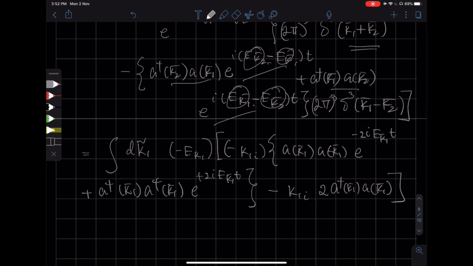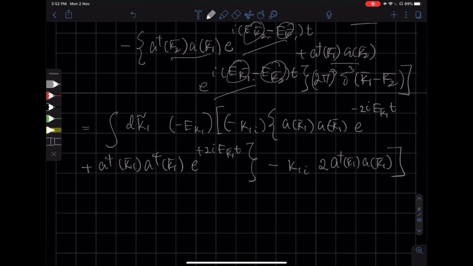Now, if you look at the first two terms, it's easy to see that the integrand is an odd function.